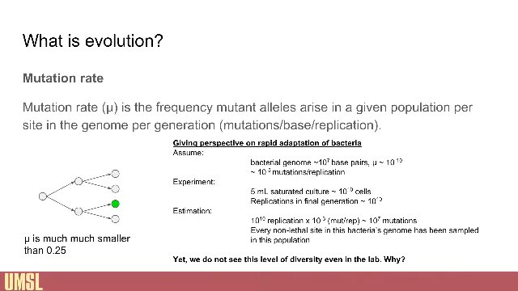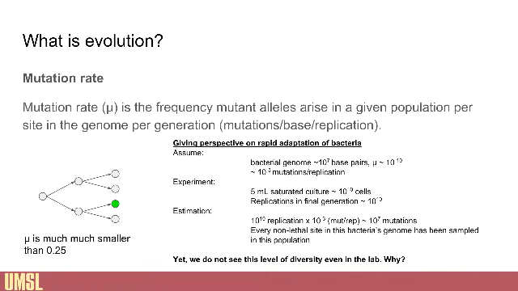And so ultimately what this gets at is that nearly every non-lethal site in this bacteria's genome, roughly about 30% of a bacteria's genome is essential, has been sampled with some kind of mutation in this population.